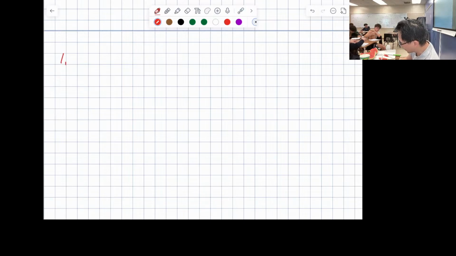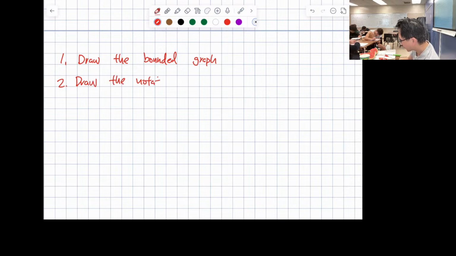The first step I would say is draw the bounded graph. Everybody, we already did that. We did that with the football shapes. Draw the bounded graph. Second, draw the notation of axis of rotation.